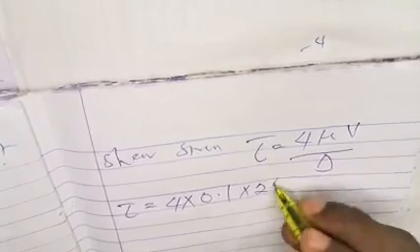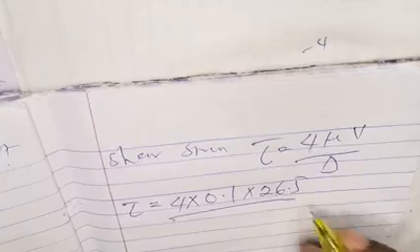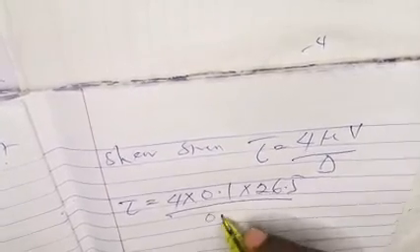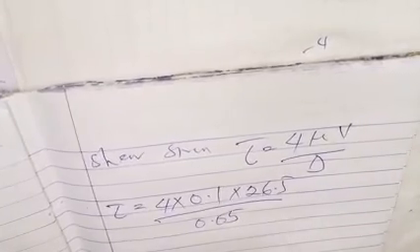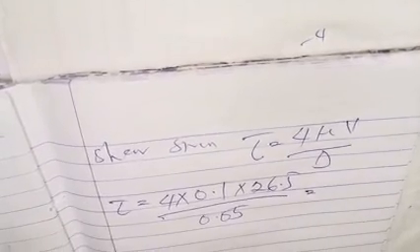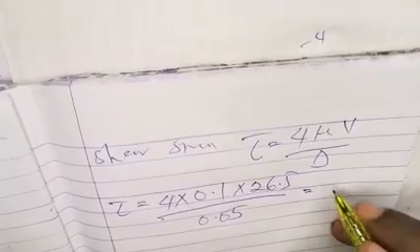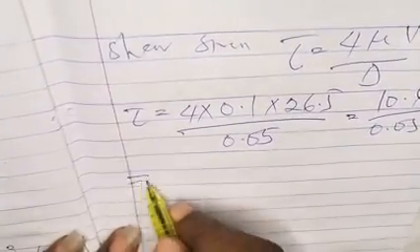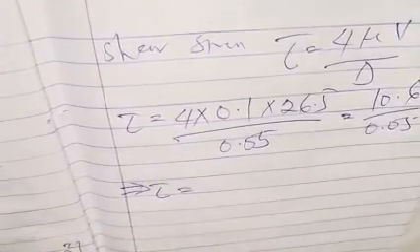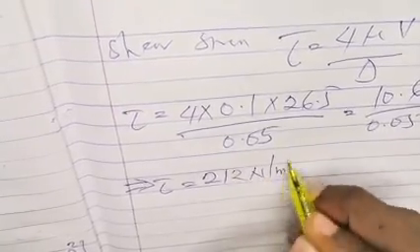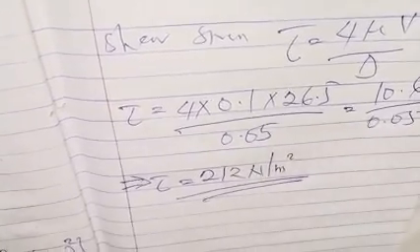So you have times 26.5 all over d. Now take note, d becomes the diameter of the larger pipe, which is 0.05 in meters. So let's obtain the numerator: 4 times 0.1 times 26.5. So that gives us 10.6 divided by 0.05. So this simply implies that the shear stress at that distance is equal to 212 newtons per meter squared, and that gives you the shear stress at 1 centimeter.